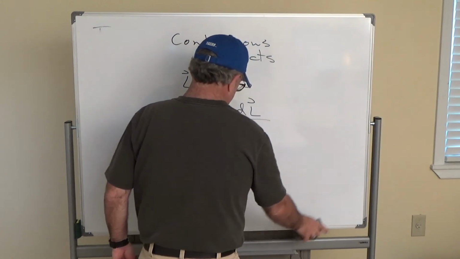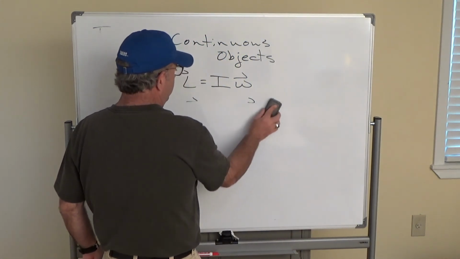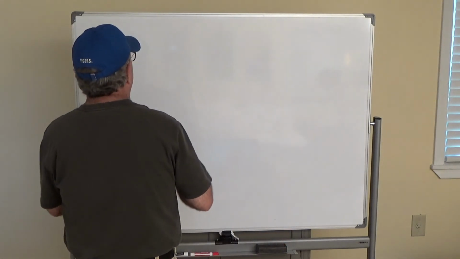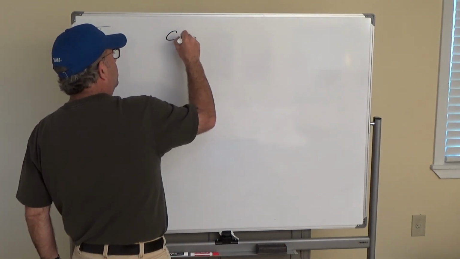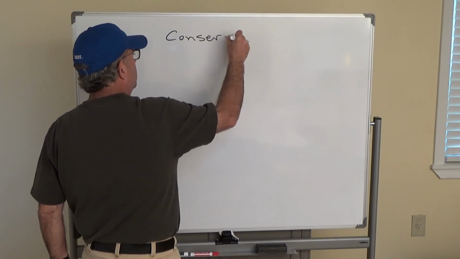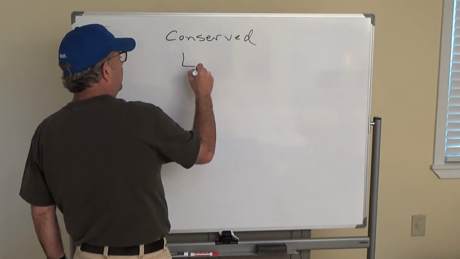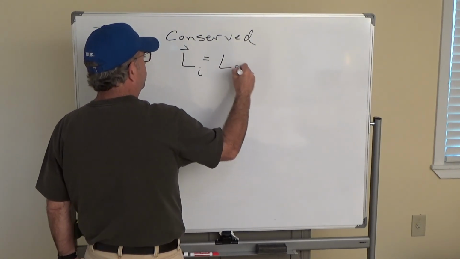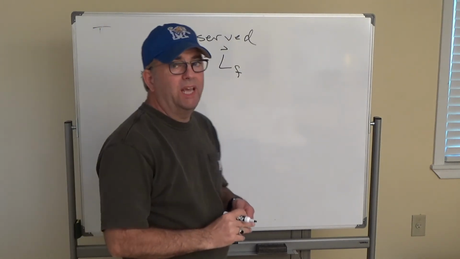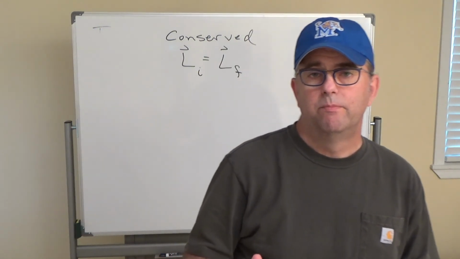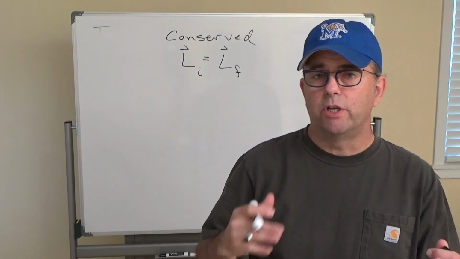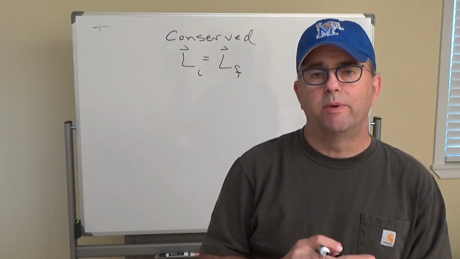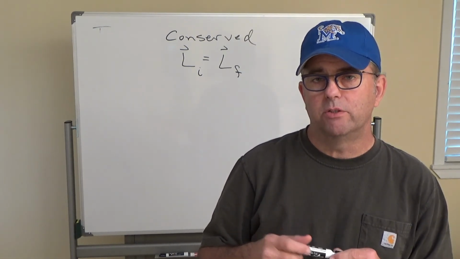What I want to get to is this conservation of angular momentum. It's a conserved quantity. So that means L initial, and it is a vector, is equal to L final. You take any isolated system, and you somehow interact angular momenta, and the total angular momentum of that system will always be conserved.